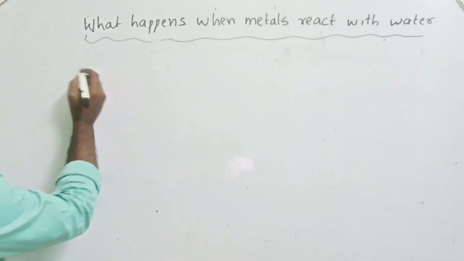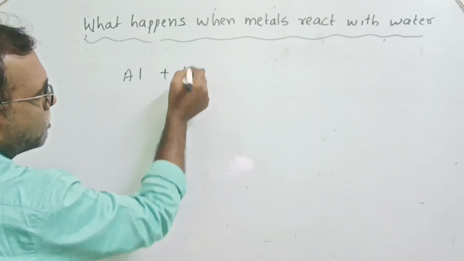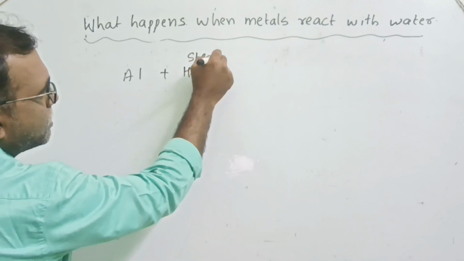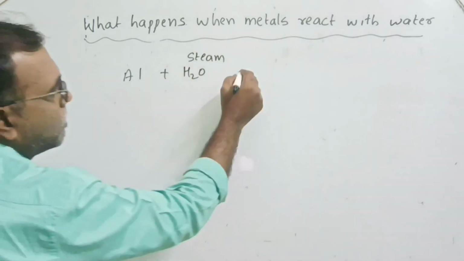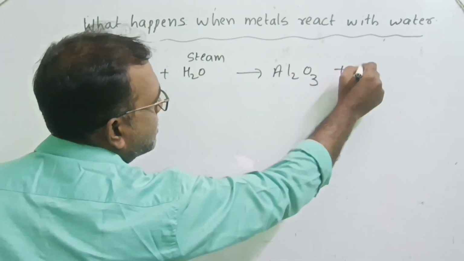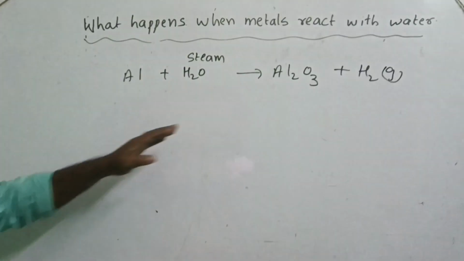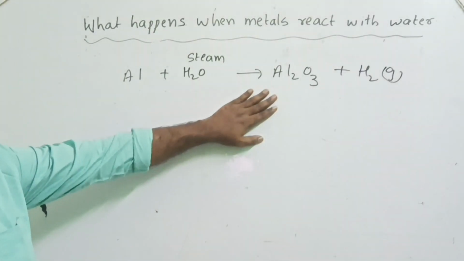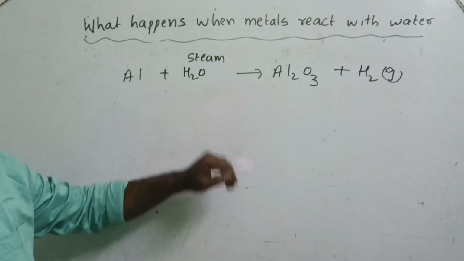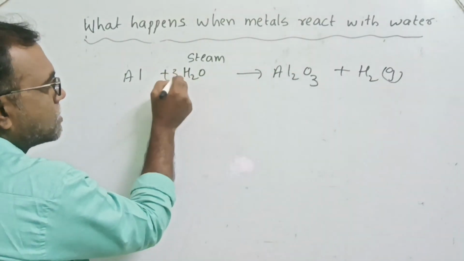Now we are reacting aluminum with water. Which water? It reacts with steam. Aluminum reacts with steam and forms aluminum oxide and releases hydrogen gas. Okay, now let us balance the number of oxygen atoms so that we can balance the chemical reaction here. The number of oxygen atoms is 3, so we balance 3 oxygen atoms.